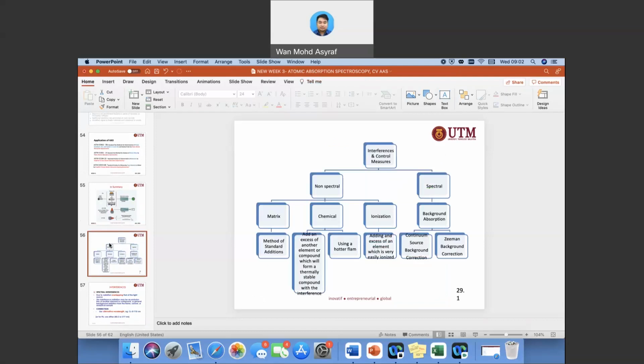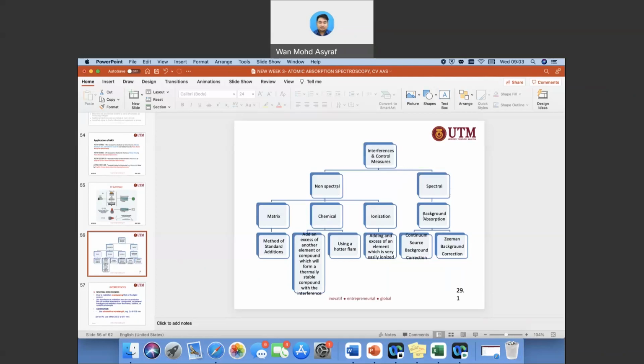All right. As before, when we learned UV-visible, there are also interferences that are going to happen inside your analysis. So, interferences and control measures. The interferences can come from two divisions, which are non-spectral interferences and spectral interferences.